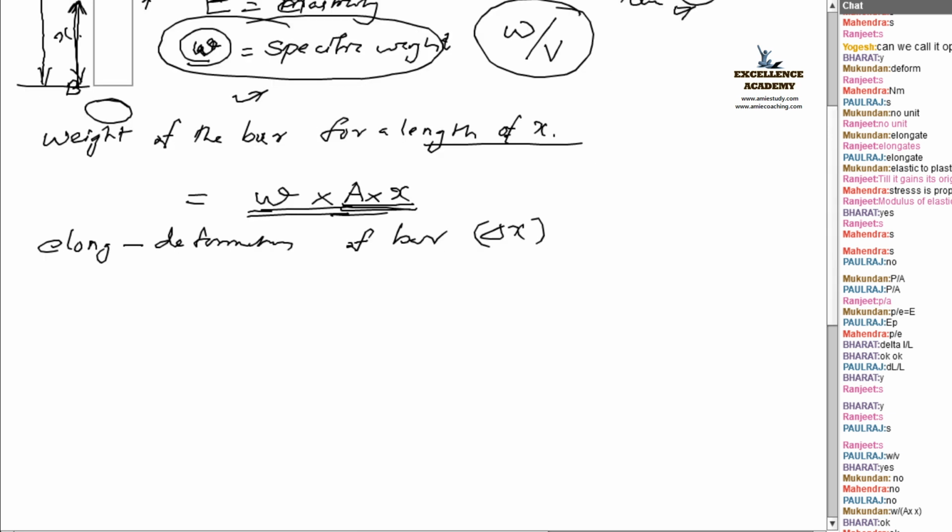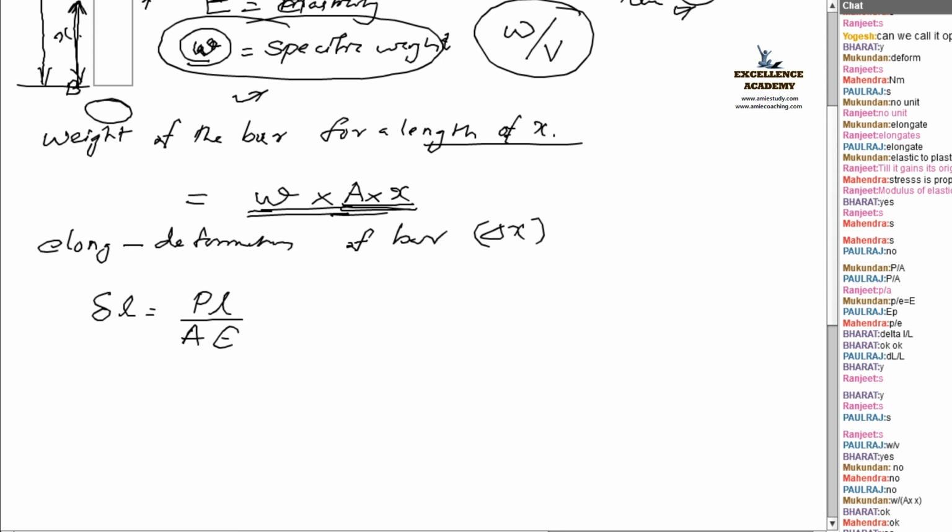From the previous topic that we learned, we know that deformation, say delta L, can be found as PL by AE. Agreed? So what is delta L there?